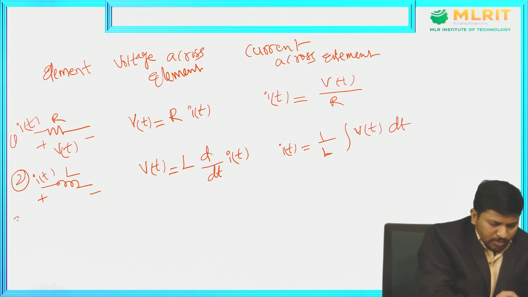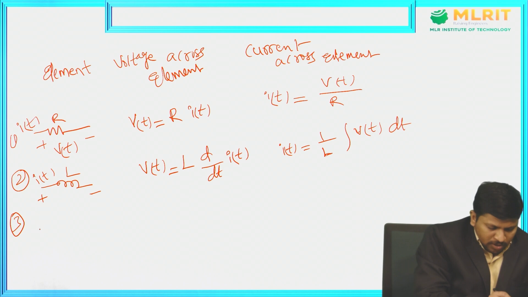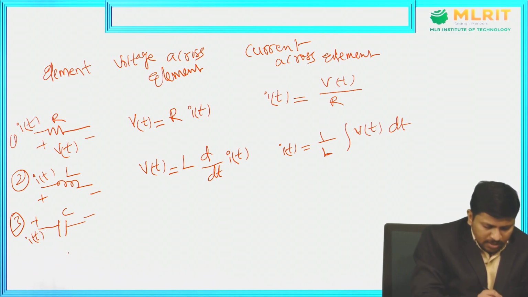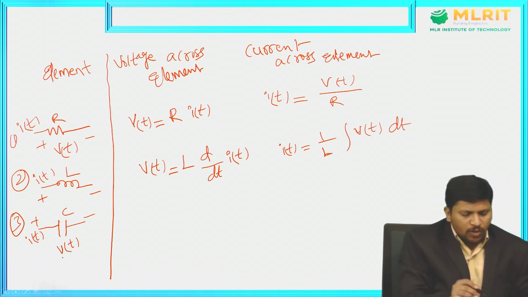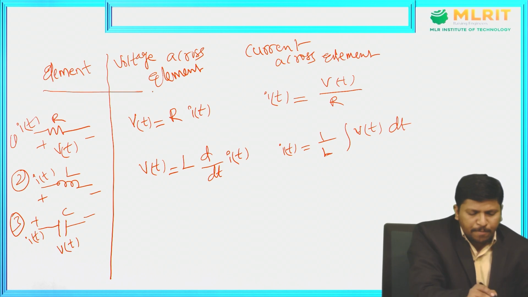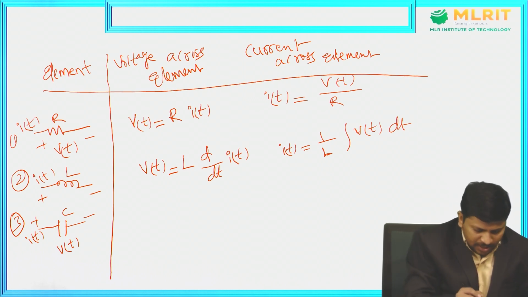Next, the third element is the capacitor C, with positive and negative terminals. I of t is the current flowing through the capacitor and V of t is the voltage across it.